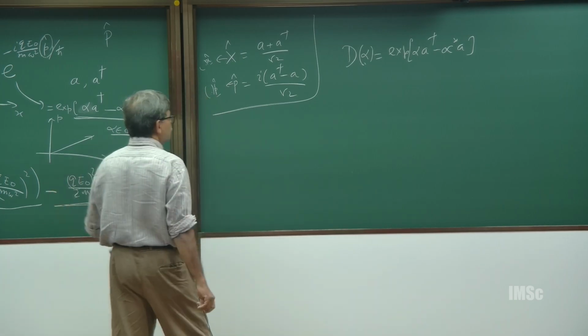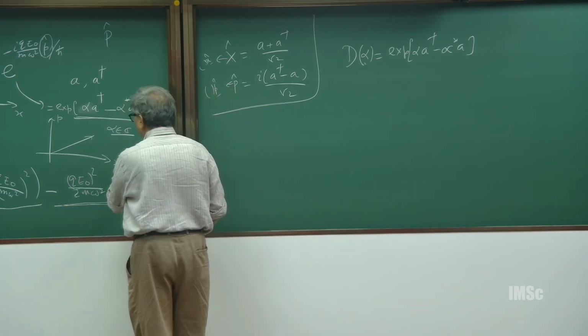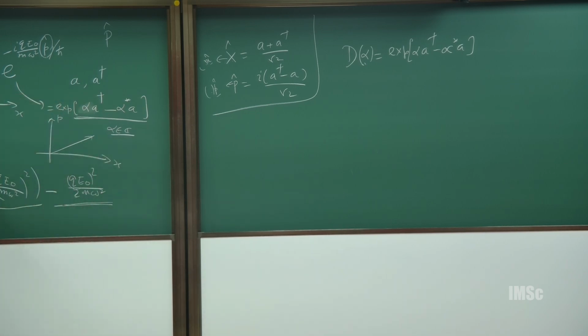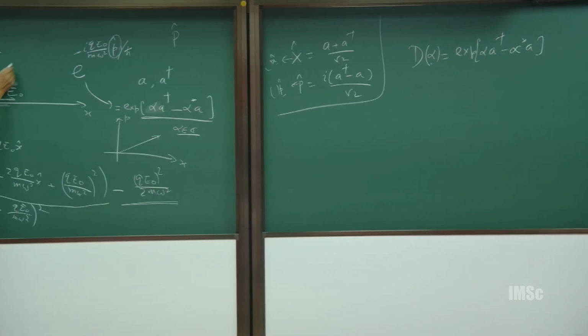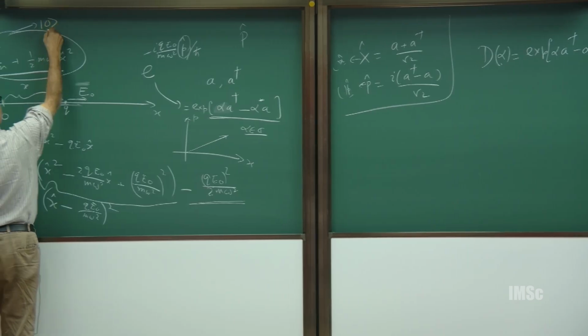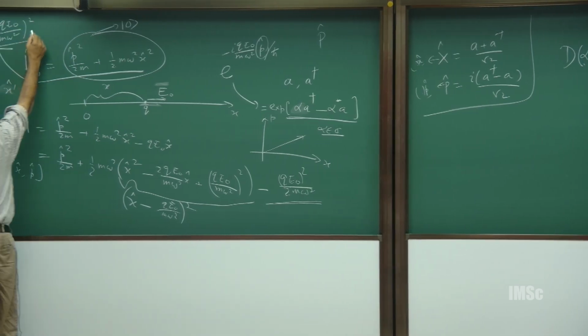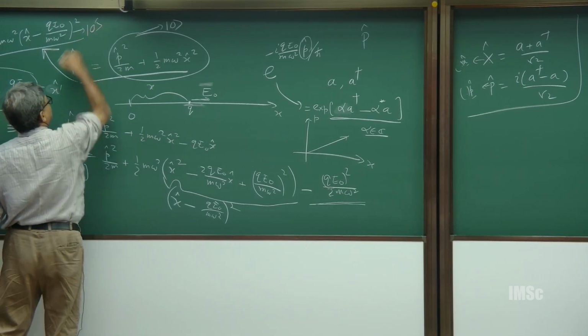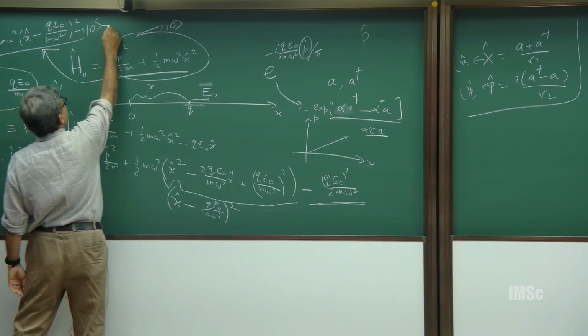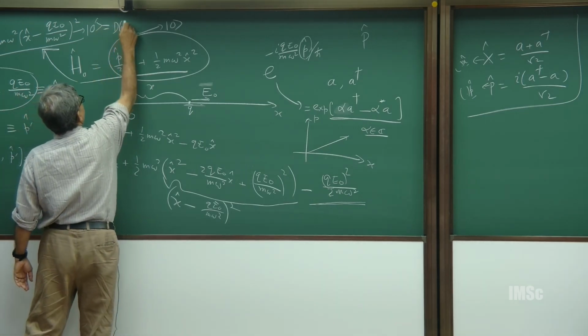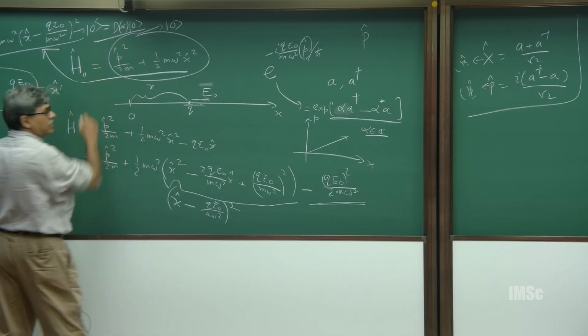So, what does it do? Basically, if I take the ground state, the minimum energy state of this Hamiltonian, which I call 0 prime, this is related to D alpha acting on 0.